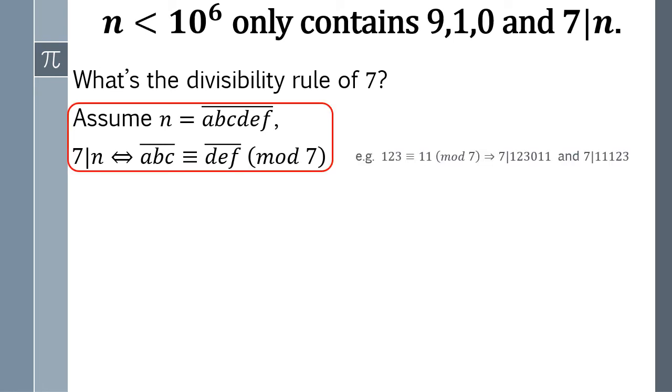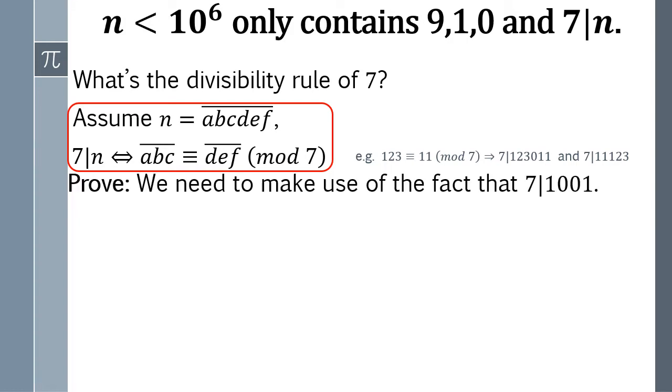For example, we know that the numbers 123 and 11 are congruent modulo 7. Then, from here, I can conclude that the number 123011 is divisible by 7, and the number 11123 is also divisible by 7.